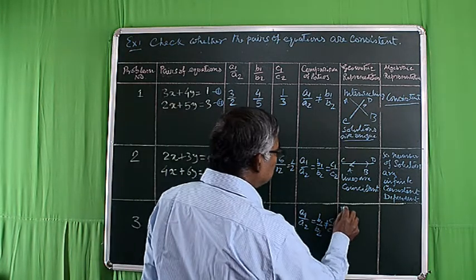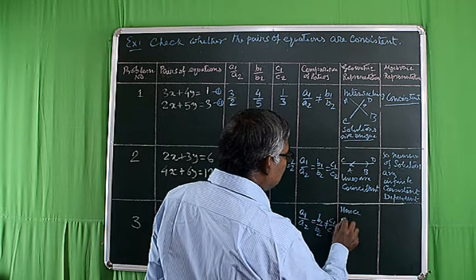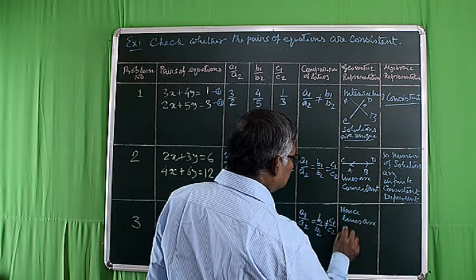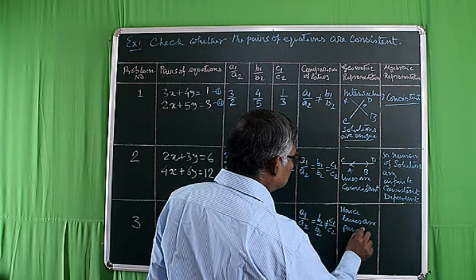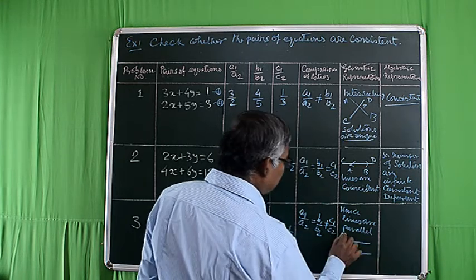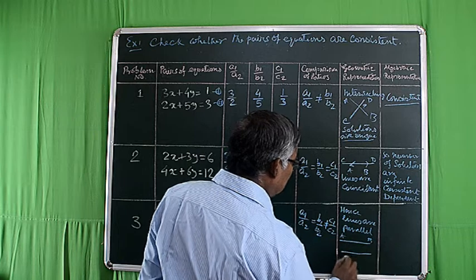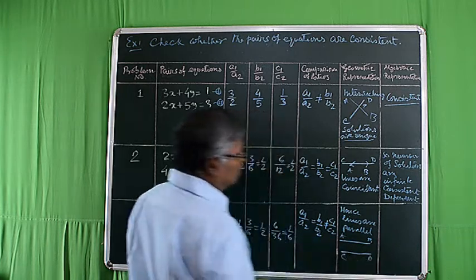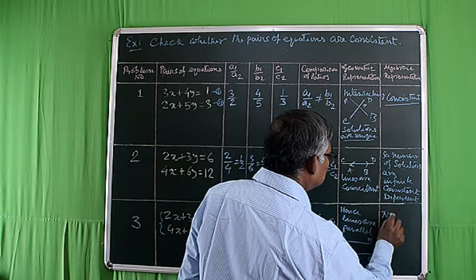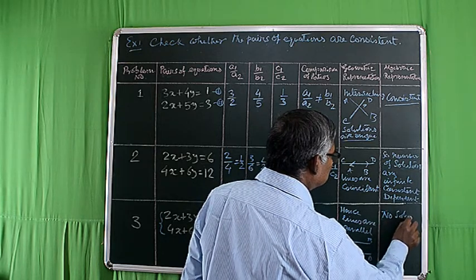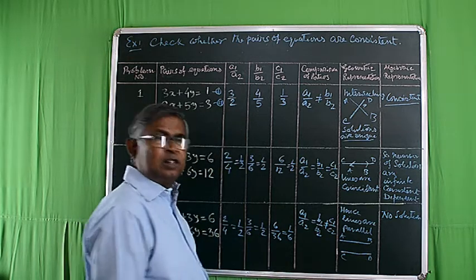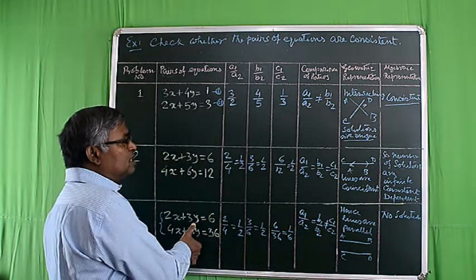Hence, lines are parallel. That is, it is AB and it is CD. Therefore, the system has no solution. Hence, we say the systems are inconsistent.